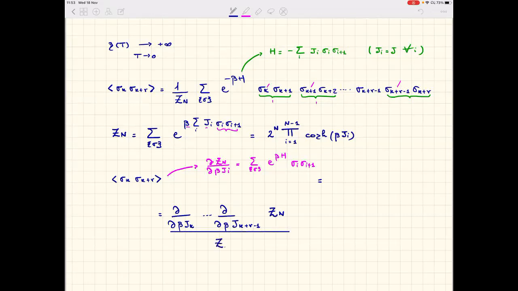So it should be the derivative of the log. Now, if you take this derivative, look at this expression. For all the terms, the derivative of the cosine hyperbolic is the sine hyperbolic, right?